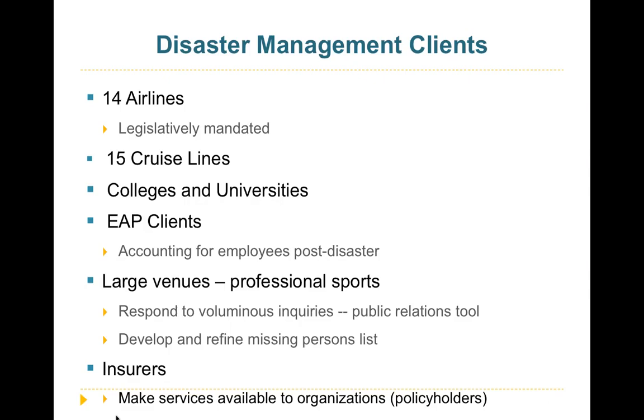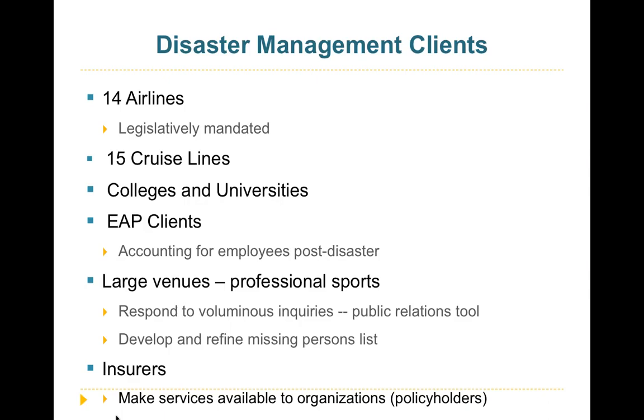As you can see, we work with airlines and cruise lines. We'll come back to this in more detail, but aviation and Amtrak as commuter rail, those are the only two industries that are legislatively required to have a victim and family assistance program and to prepare for these mass casualty events.